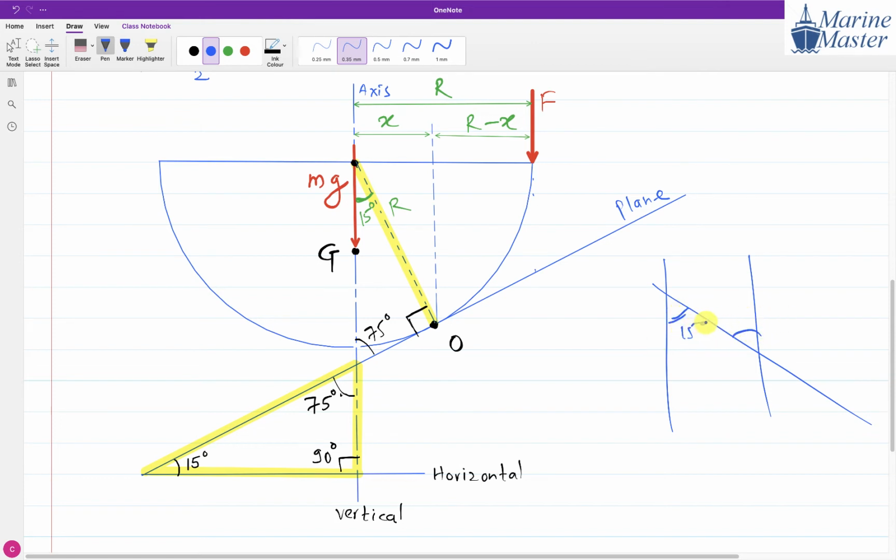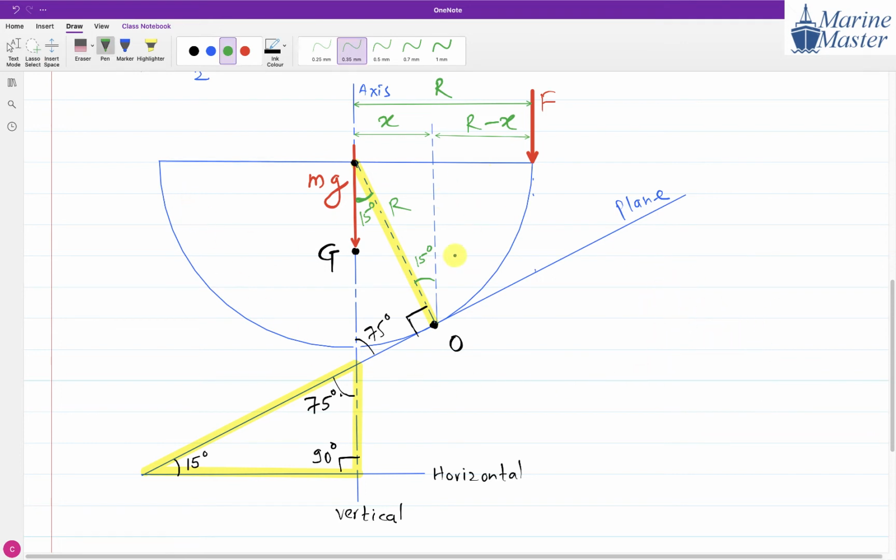If this is 15 degrees, by default this will also be 15 degrees. You got this point now? So this angle will become 15 degrees. Now we are nearer to our answer.